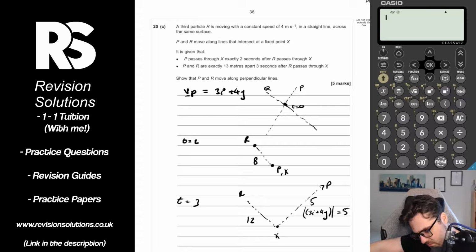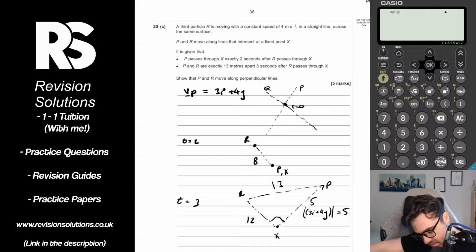And then we're told that at this time, the distance between P and R is exactly 13 meters. Then it says, show that P and R move along perpendicular lines. If that's true, then this must be a right angle, and if it's a right-angled triangle, it must satisfy Pythagoras' theorem.